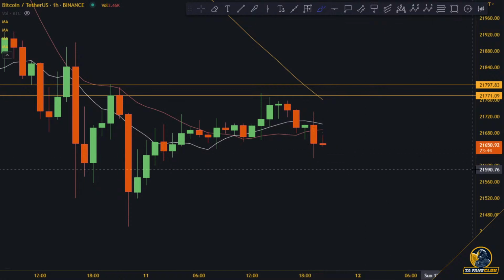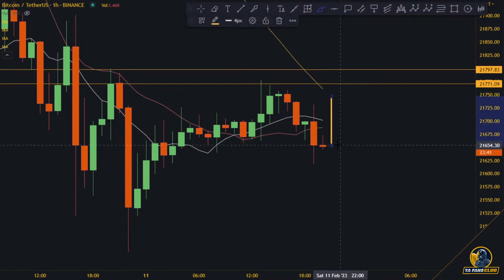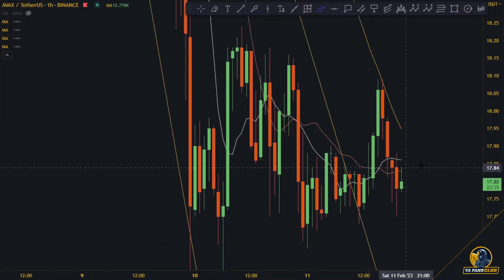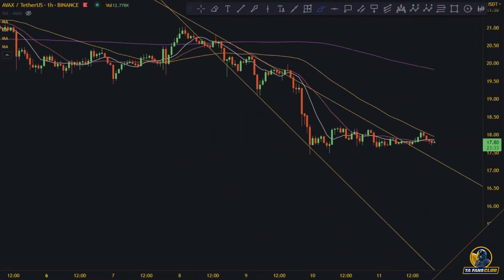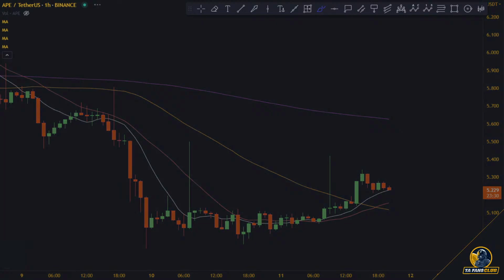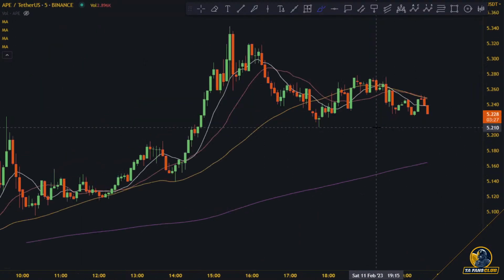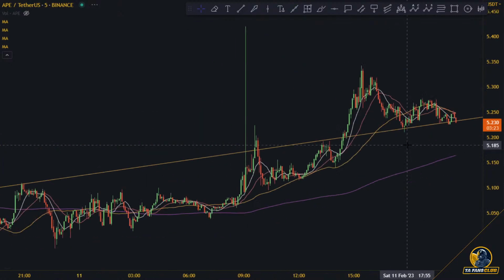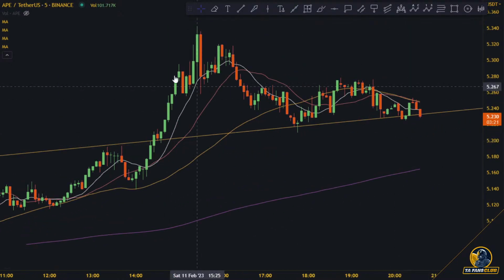If you get some kind of doji over here, that might push us back up again. So maybe, just maybe, we might be looking for a long position somewhere on Bitcoin. On other coins, Ape had a nice move towards the upside, but I'm not gonna short Ape down here. I mean, I could, but I'm not gonna short that. So it's breaking down.